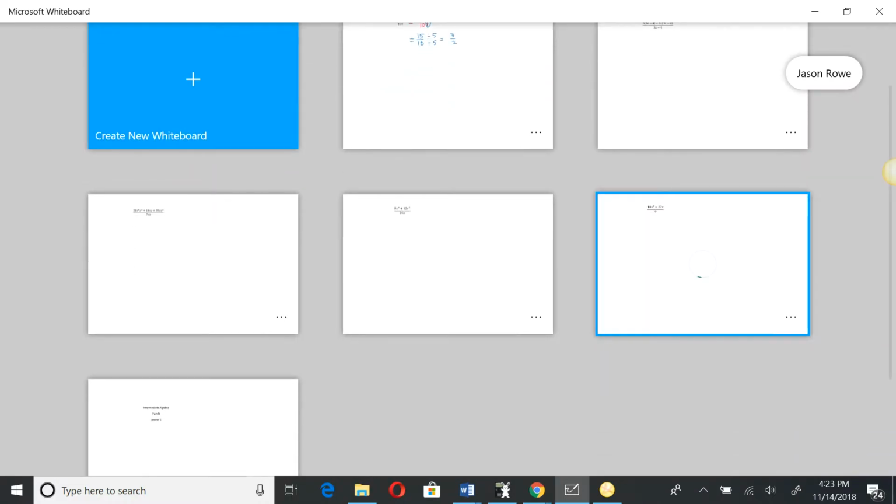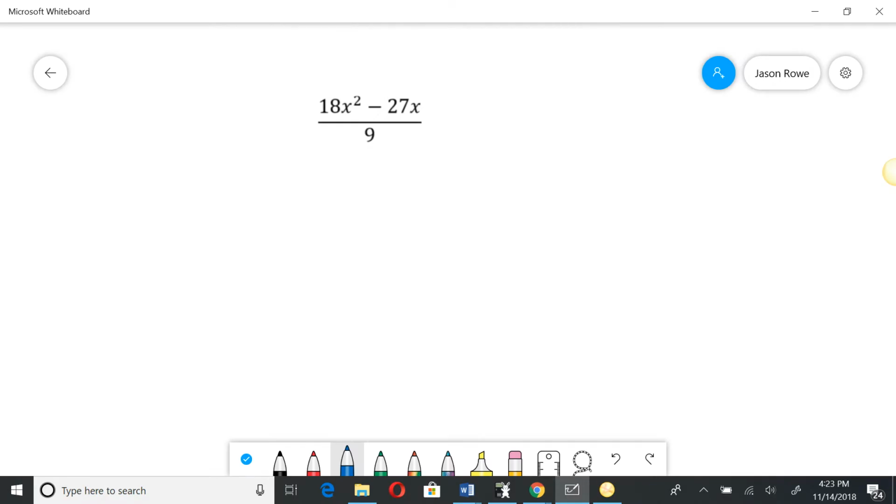So here's the next example. What I'm going to do here is I can't combine these terms because this has an x squared and this has an x. That means they're not like terms. So the only thing I can do to simplify is to separate this fraction. So I'm going to have 18x squared over 9 minus 27x over 9.